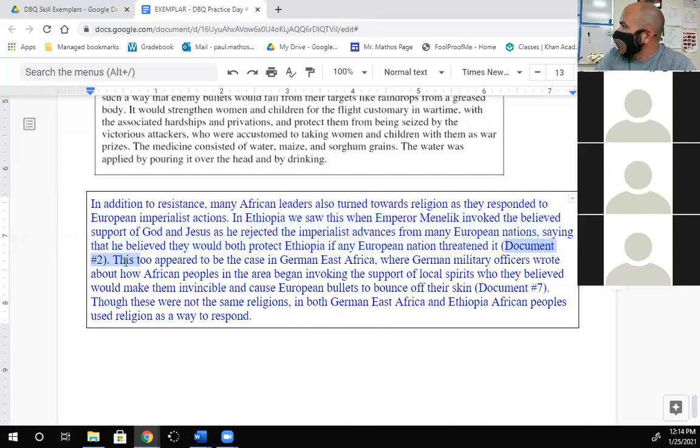Again, parenthetical citation, that's document 2. Also appeared in German East Africa, and I make sure at the end to point out they were not the same religions, but they used religion to respond to European imperialism. All right, so this all kind of ties together fairly well.